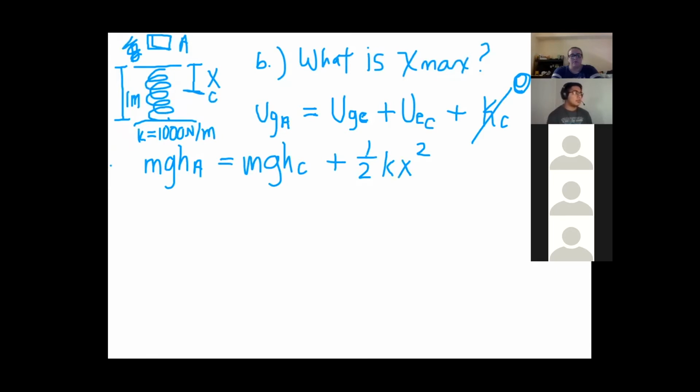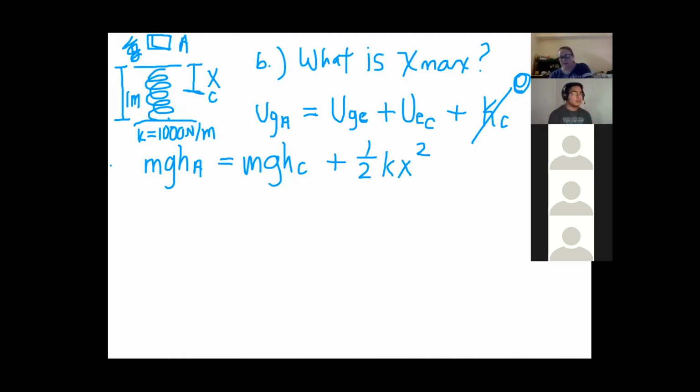So we have the spring constant, but do we know what the height is when it's at point C, or the height when it's fully compressed? I believe we do. I believe it should be the length of the spring minus x, which is the maximum compression. Exactly. So we don't necessarily know it as far as a numerical value, but we can rewrite it in terms of things that we do know.